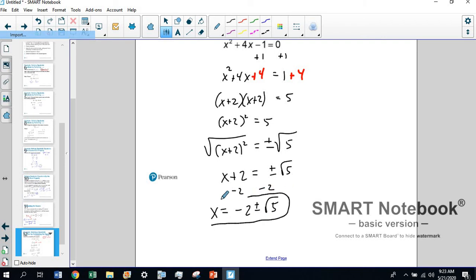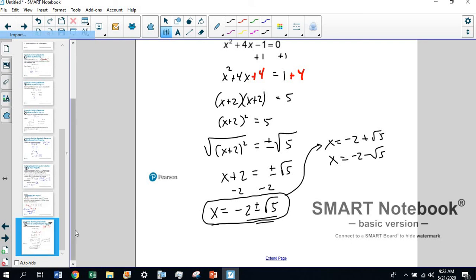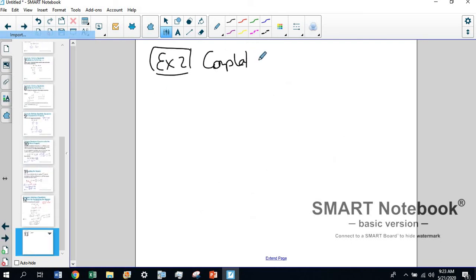Remember that means 2 different answers: x equals negative 2 plus the square root of 5, and x equals negative 2 minus the square root of 5. All right, so you have 2 answers, and that's the process. And again, if we want to complete the square when you're dealing with something like 2x squared minus 8x plus 7 equal to 0, the first thing we have to do is divide everything by 2.